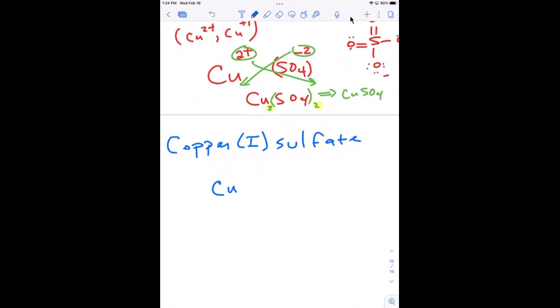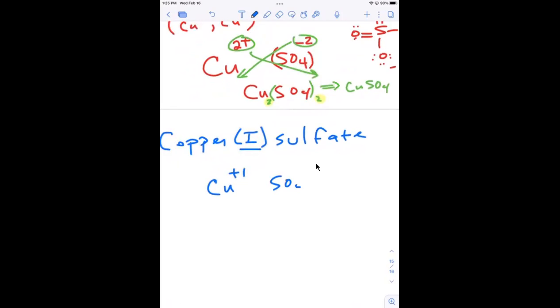Let's see, if this is a Roman numeral 1, that means this is +1. And then the sulfate, SO4 minus 2, we already know. And this is all in parentheses because it's one group. So if we just crisscross these charges like so, put this here, put the 1 here, we end up with Cu, right?